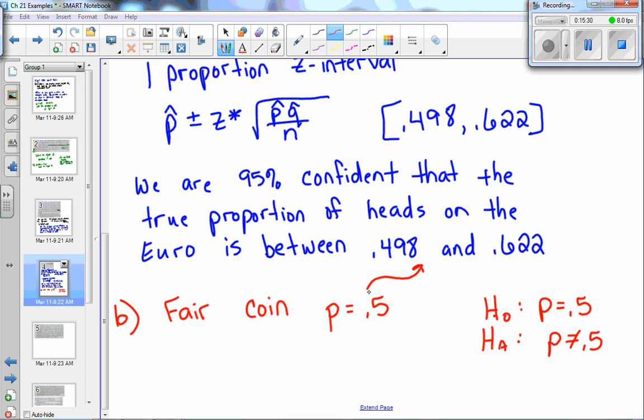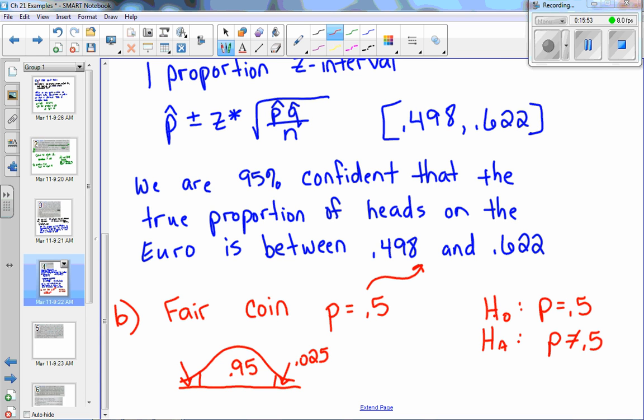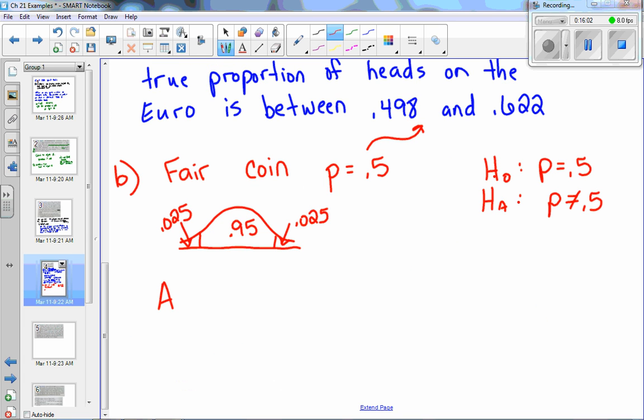One thing you do have to keep in mind is that when you do a confidence interval, we were basing this on a normal model. If we had a 95% confidence interval, we had 0.95 in the middle, we have two tails, and we would have 0.025 in each tail. Because of that, a confidence interval compares to a two-sided test. So that is one thing you would need to remember.